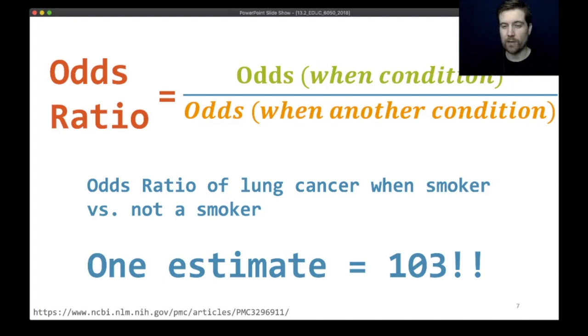So we're not talking directly about probability. It's not 103 times bigger probability. It's 103 times bigger odds, which odds are built on probability. But to be correct and to actually be talking about what odds ratios are, we want to talk in terms of the odds, because that is what it is.